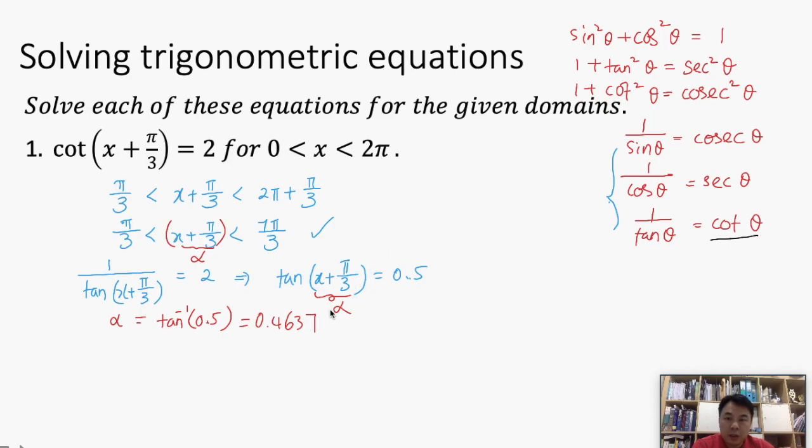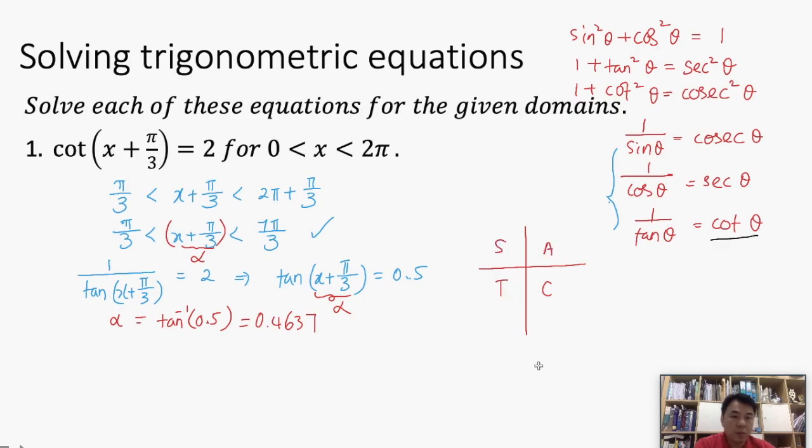And then don't forget, for those of you who are using this method, this chart, to help you to relate to all the possible solutions within that 360-degree domain, you are using this mapping.